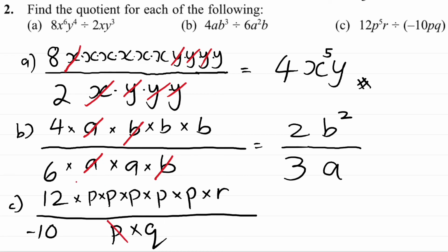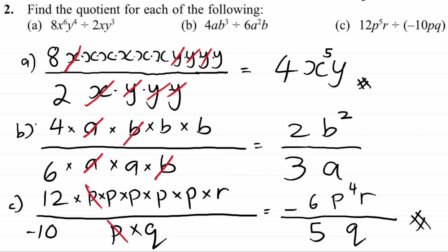Potong 1P, potong 1P sahaja. Is that all? Yeah, it is all. So, bila kamu selesaikan, kamu dapat negatif 6, 5. Ada berapa P yang tinggal? 1, 2, 3, 4. So, P kuasa 4R over Q. Dah siap. Macam tu je.